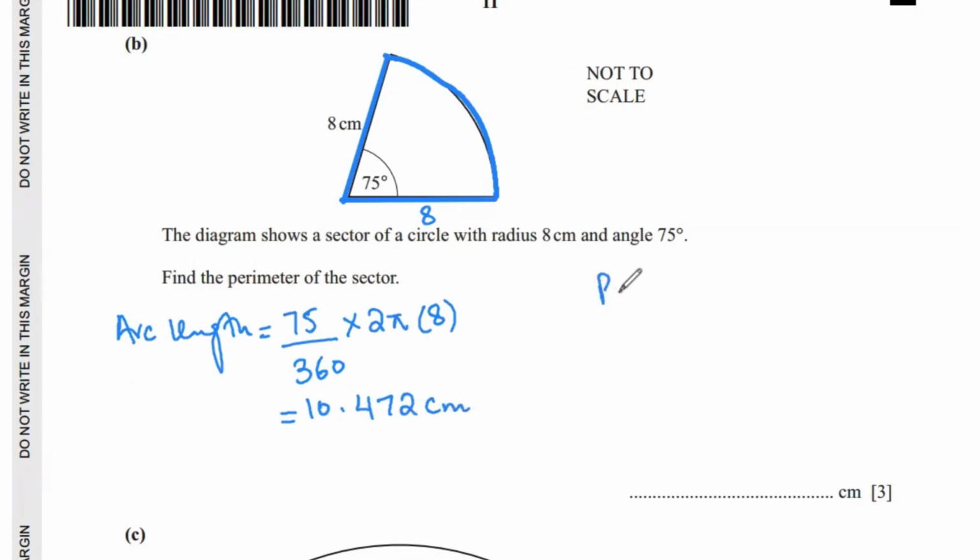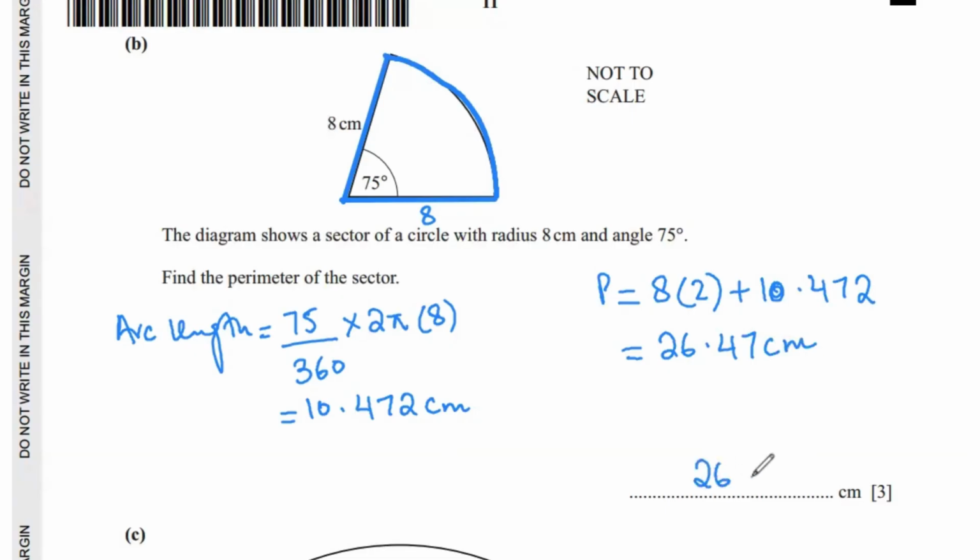So the perimeter is going to be 8 times 2 plus 10.472, and that gives us 26.47 centimeters. That is your perimeter of the sector.